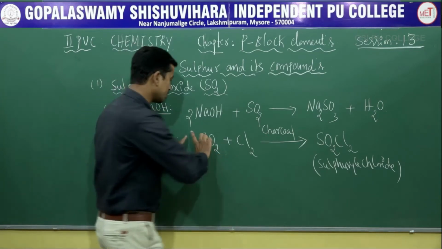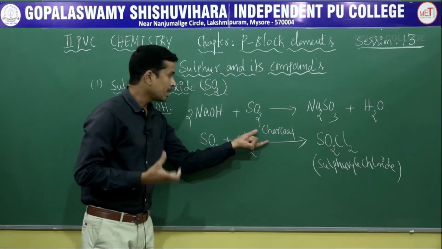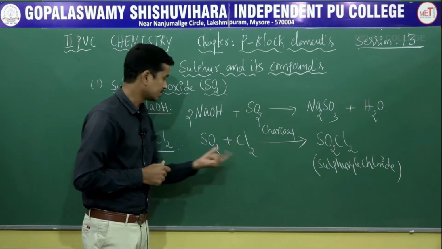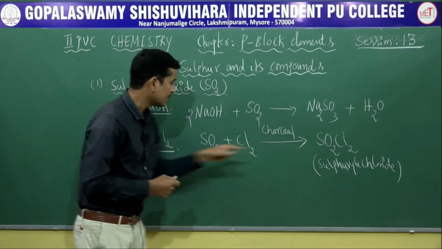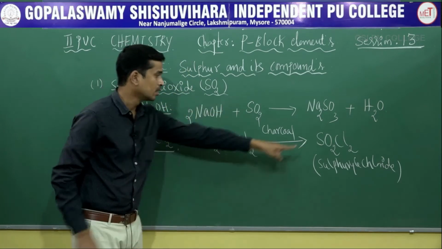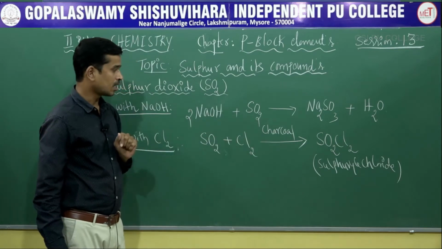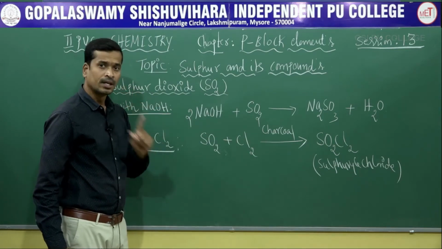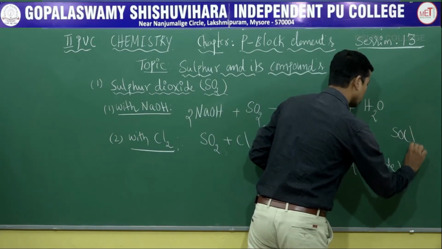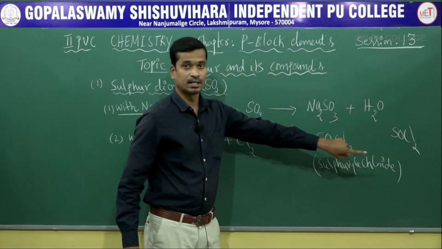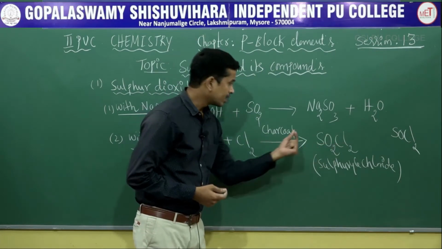You have to study in detail in the chapter surface chemistry what is meant by adsorption. Sulfur dioxide gas and chlorine gas undergo an addition reaction to give the compound SO2Cl2, called sulfuryl chloride. In organic chemistry you have to study SOCl2, called thionyl chloride.